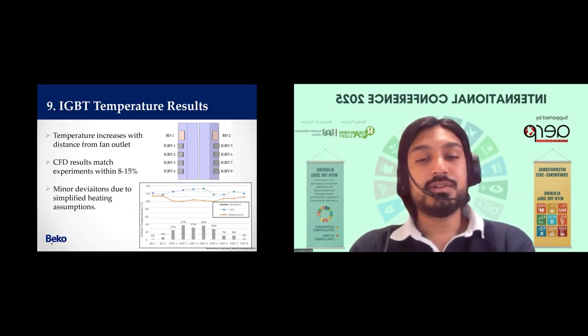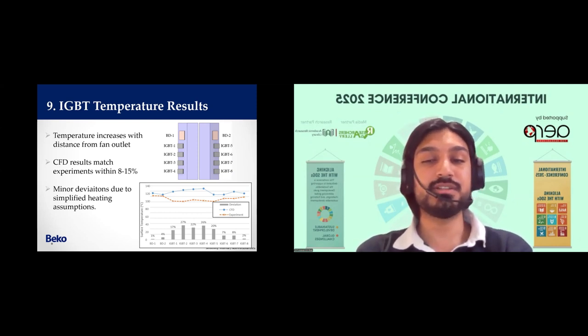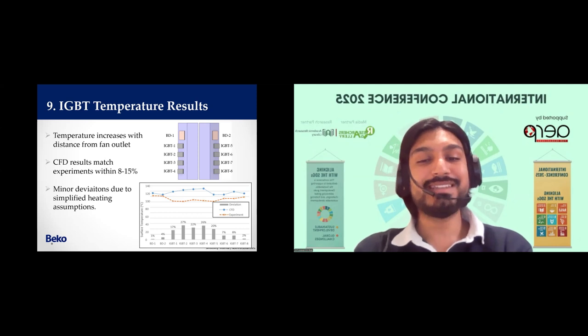The figure here on the bottom right shows the temperature distribution across the IGBTs and the bridge diodes for both the CFD results and the experiments. As expected, components closer to the fan outlet were cooler, while those further away from the fan were hotter.